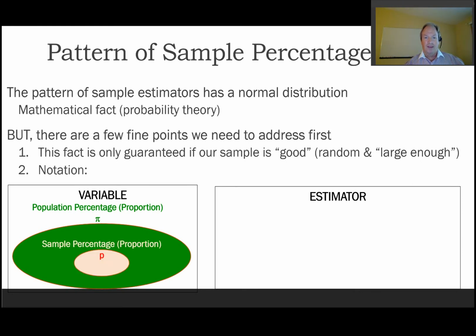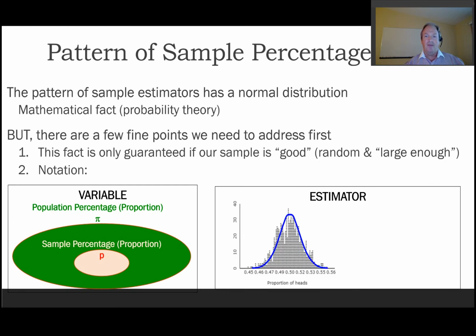What we get is the sample percentage, which we denote by small p. So these are important points about notation. The population percentage is represented by the symbol pi, the Greek letter for small p, right? So p percentage. The sample percentage is just written with a regular p.